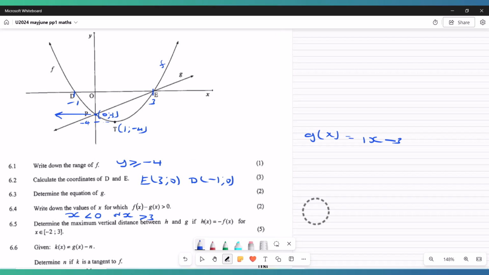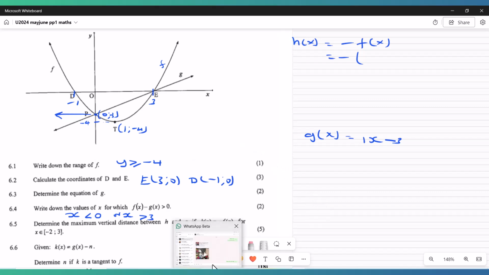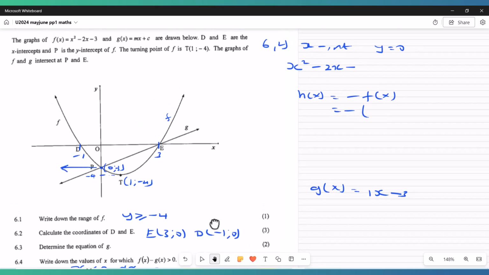So let me first find my h of x. So h of x equals -f of x. But what is my f of x? They give us f of x: x squared minus 2x minus 3.